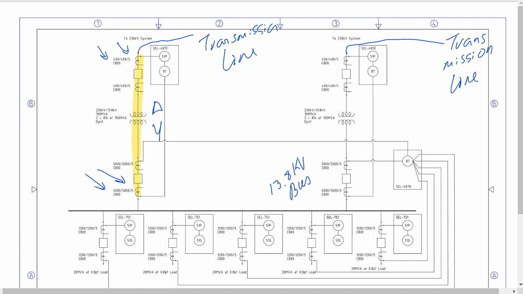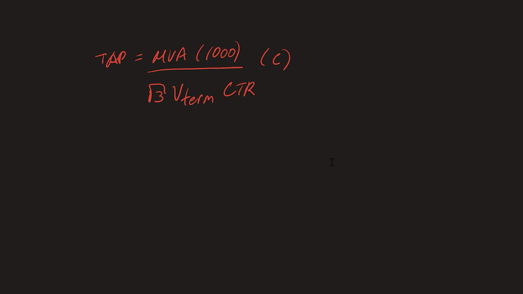So now we can use that equation from the instruction manual and calculate the tap setting for each side of the transformer. Now again, the equation which is mentioned in the instruction manual is this one over here. So we have the tap is equal to the MVA of the transformer times 1000 divided by square root of 3 times what they call V term, which is the winding voltage in kV for that winding, the CT ratio CTR, and the transformer connection C. This constant C is going to be 1 for a Y connected CT and square root of 3 for a delta connected CT.